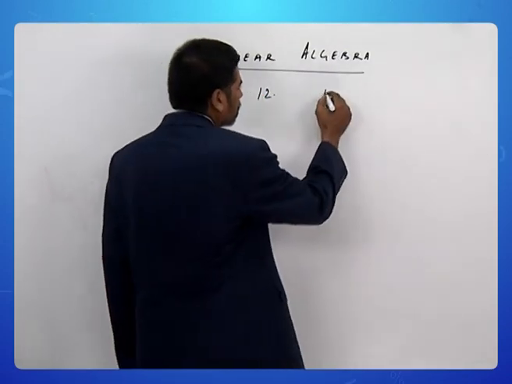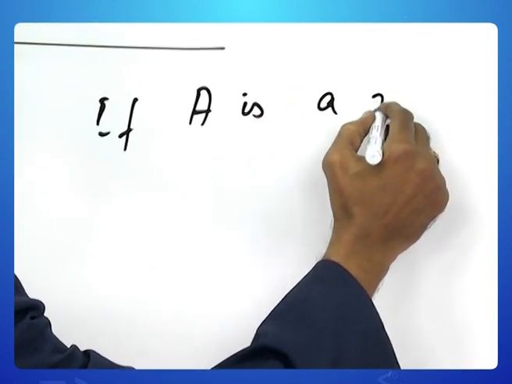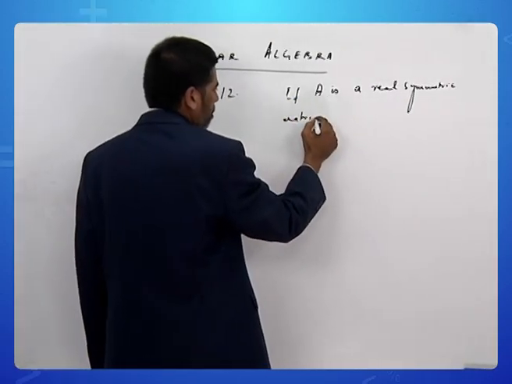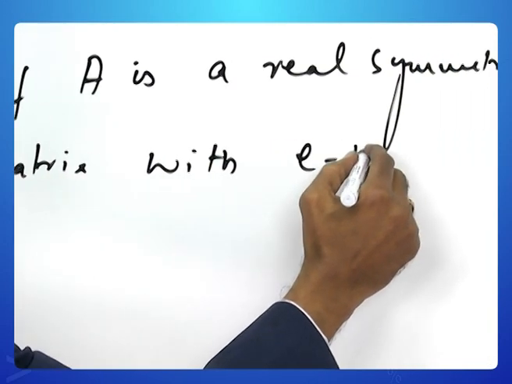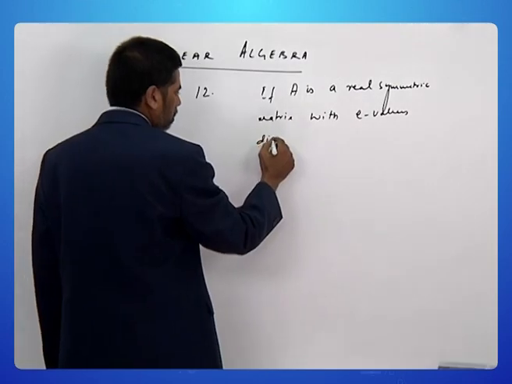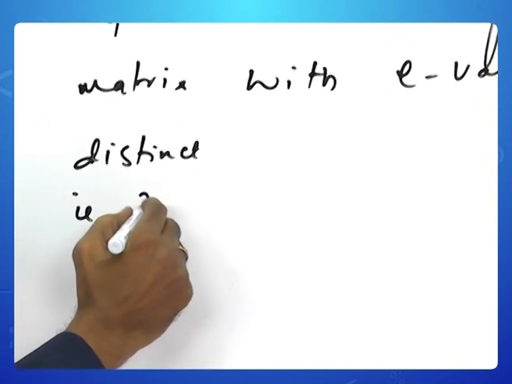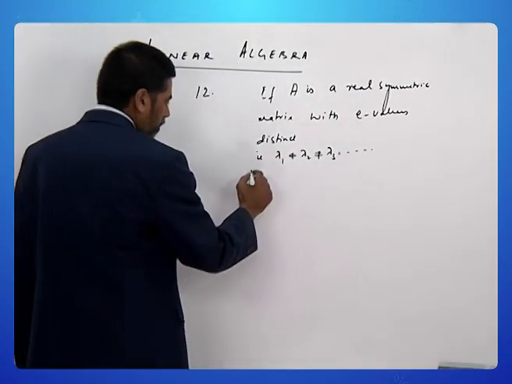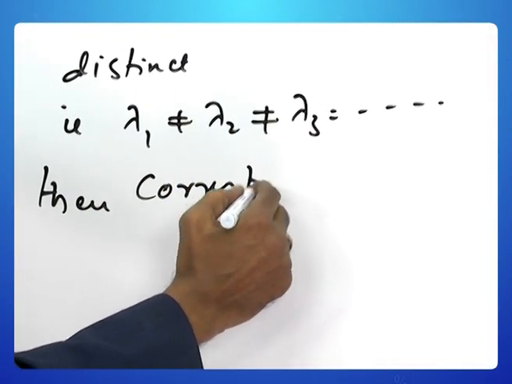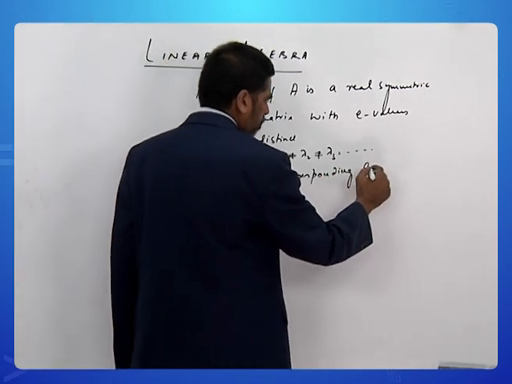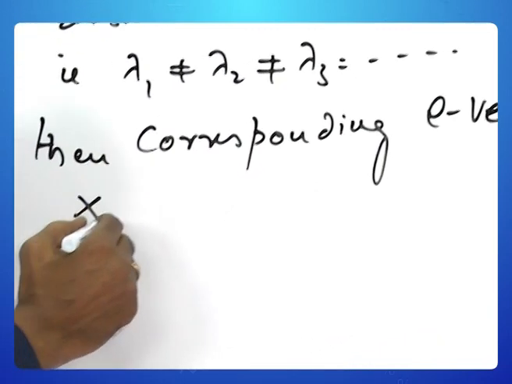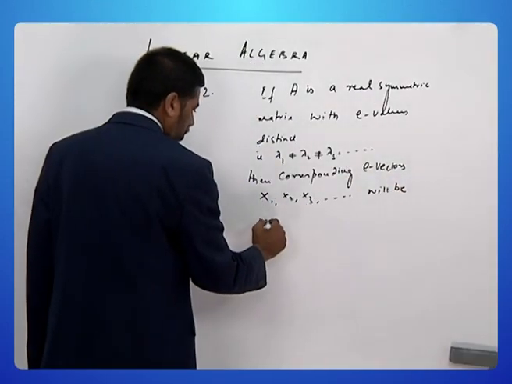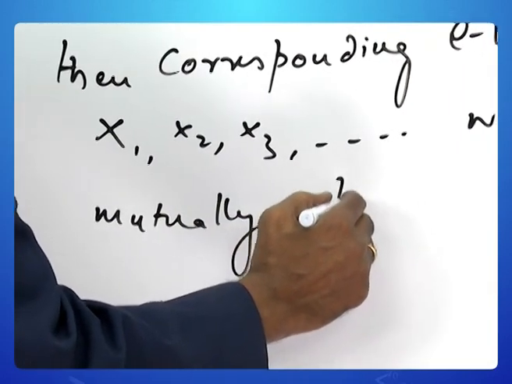What it says is, if A is a real symmetric matrix with distinct eigenvalues, that is lambda 1 not equal to lambda 2 not equal to lambda 3 and so on, then the corresponding eigenvectors, say x1, x2, x3 and so on, will be mutually orthogonal.